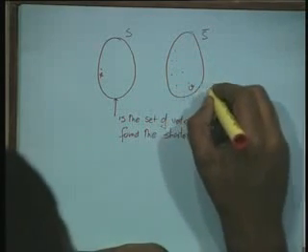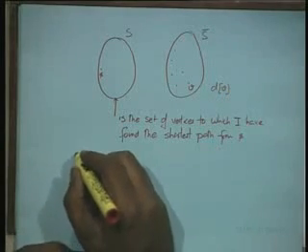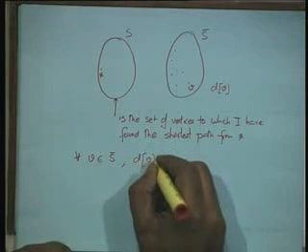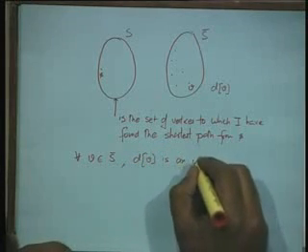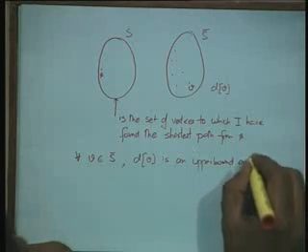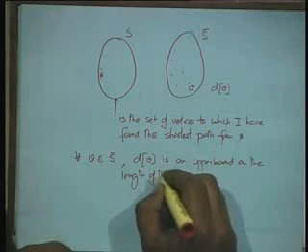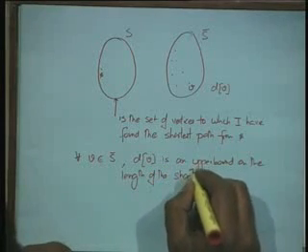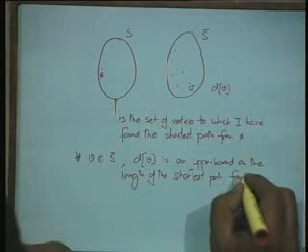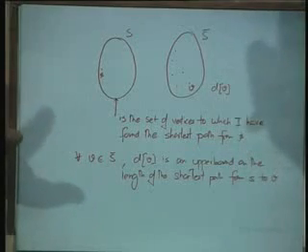So if this is a vertex V, for all V in S complement, d of V is an upper bound on the length of the shortest path from S to V. You understand what I mean by upper bound, right?